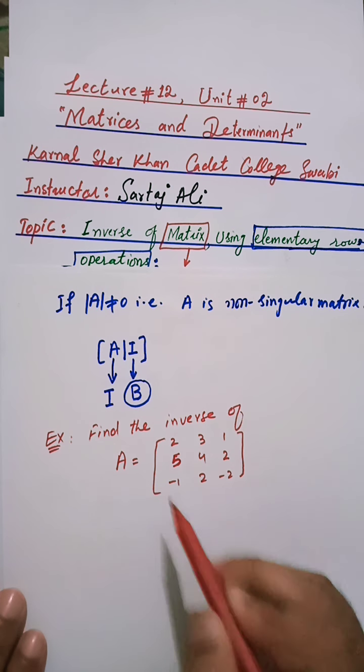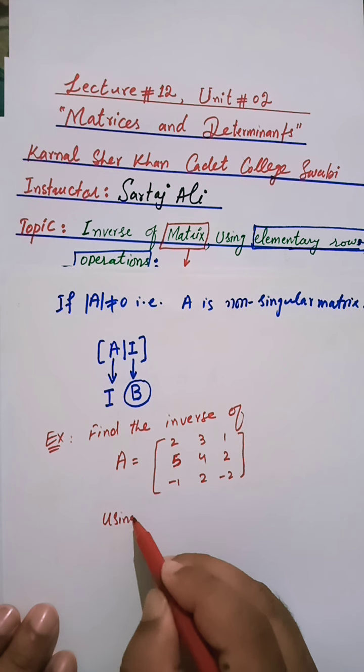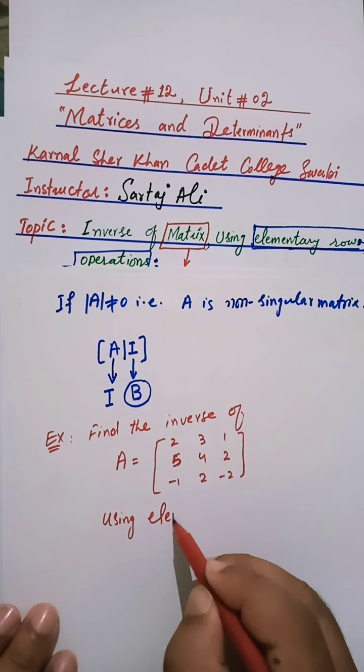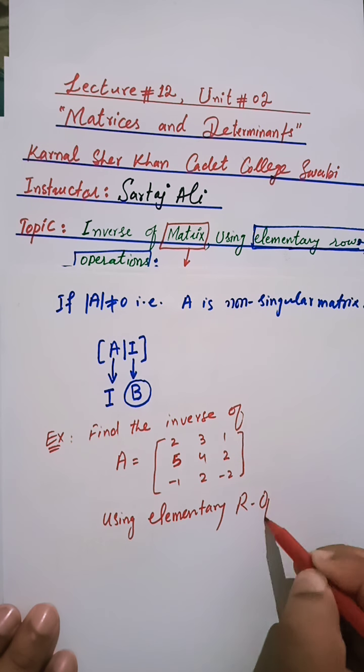You need to find the inverse of this matrix using elementary row operations.